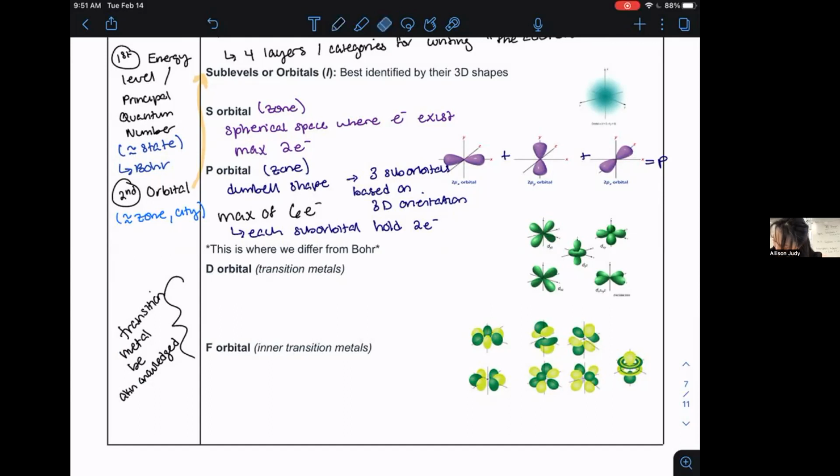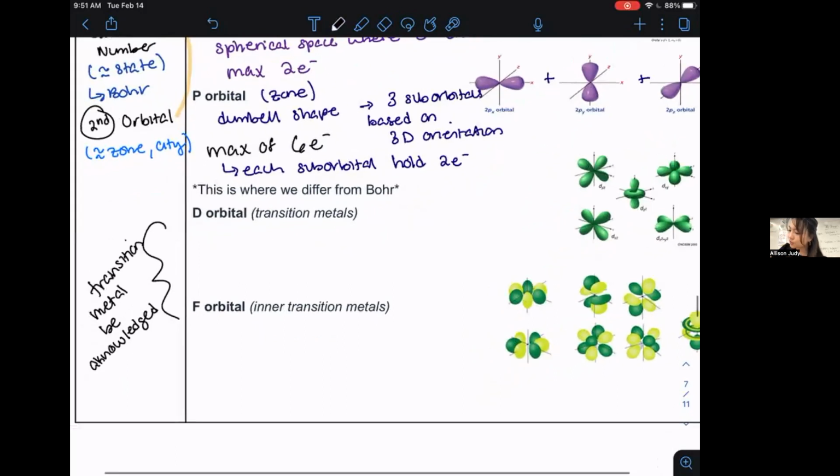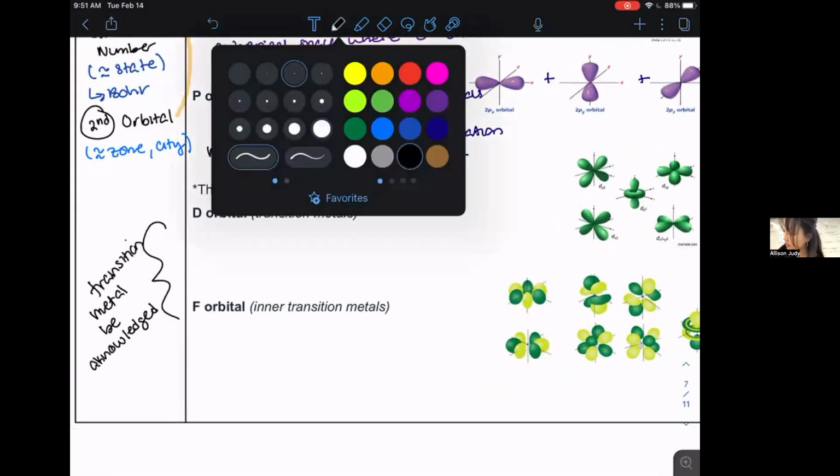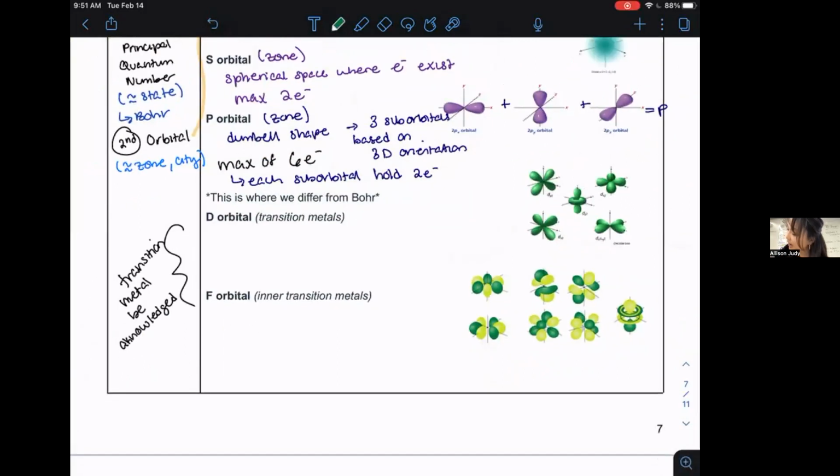Wow, this is getting worse as I try to rewrite it. Okay, the d orbital is a really weird shape. I don't even exactly know how to describe the d orbital, I gotta be honest. But you kind of think of it like a 4-leaf clover plus a squished donut.